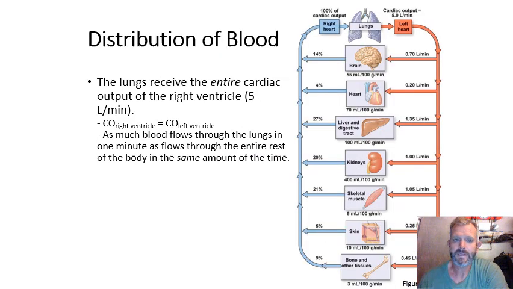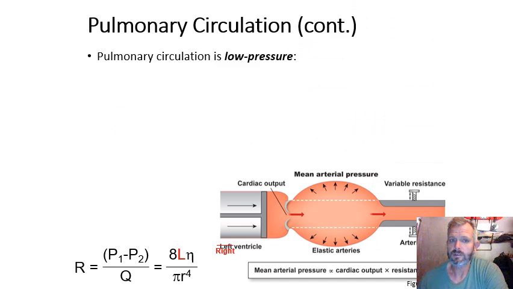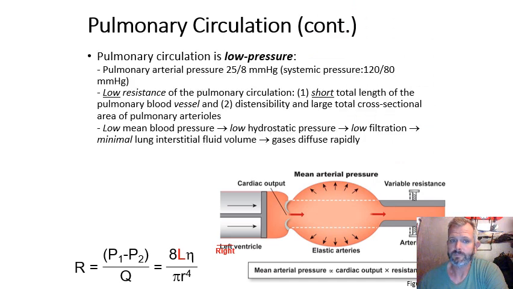And so to get that high flow, we're going to see that we need to have low pressure. The arterial pressure is very low compared to the systemic. That low pressure allows us to push it through.